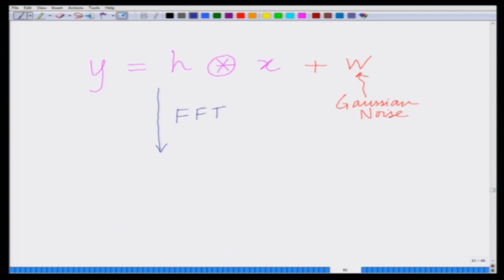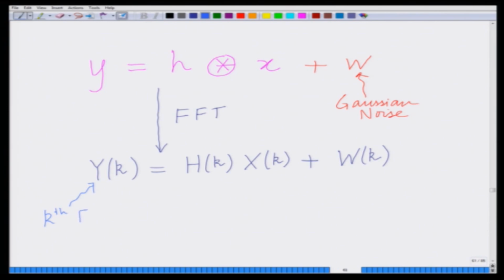Once we take the FFT at the receiver, as in OFDM, we have Yk equals Hk times Xk, where Xk is the symbol on the kth subcarrier, plus Wk, since the FFT operation is a linear operation, where Wk is the FFT of the noise. Yk is the kth FFT point of the received signal y0, y1, up to yn minus 1.